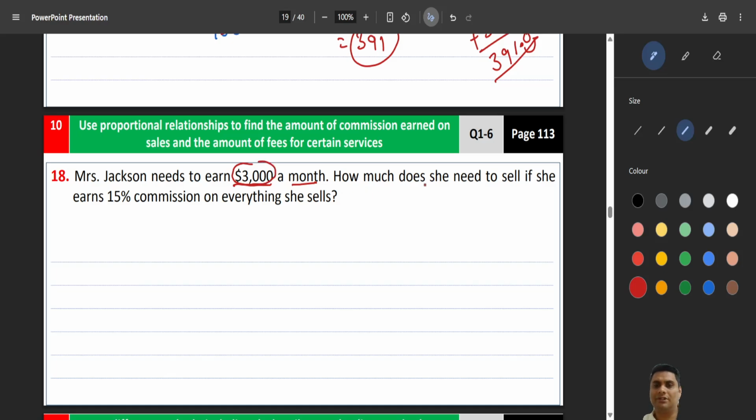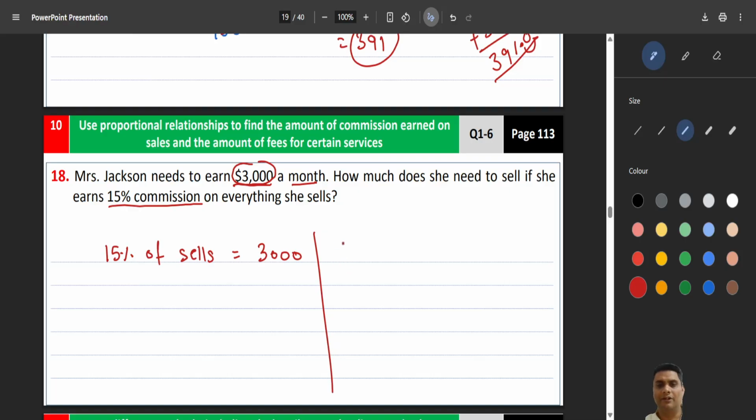How much does she need to sell if she earns 15% commission on every sale? Now see, he said she is earning a commission of 15% of the sales that she has made, right? This 15% is equal to how much? 3,000, right? Now this time I will do it in a different way.